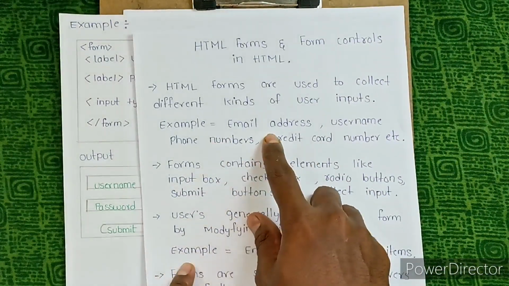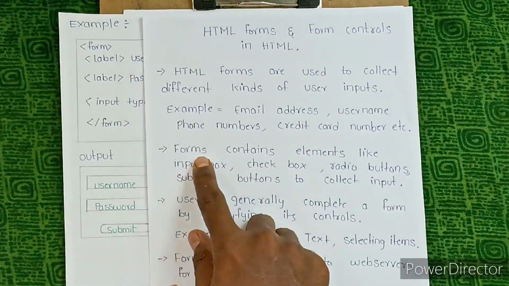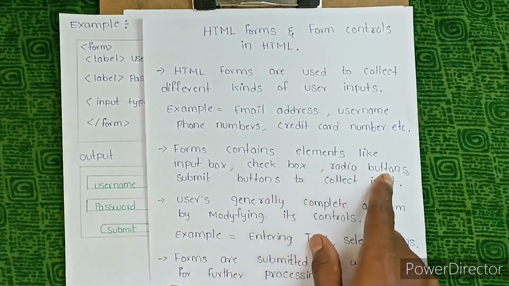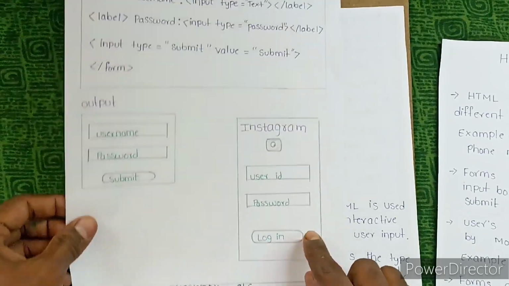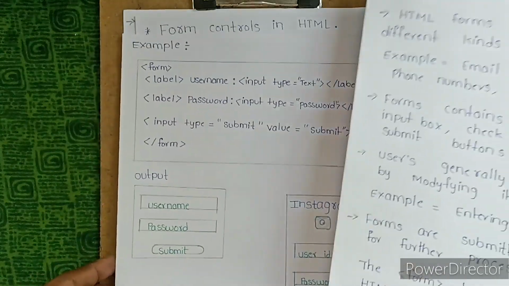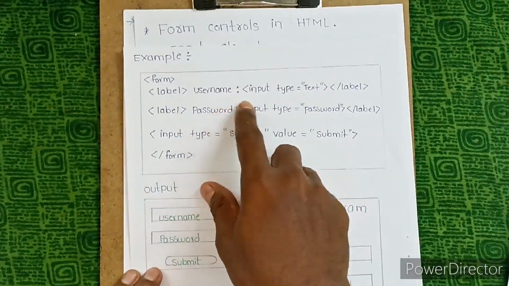As given in the example: email address, username, phone numbers, credit card, etc. A form contains elements like input boxes, check boxes, radio button, submit button. Like here, these two are input boxes and here is the login or submit button. So this is the form.